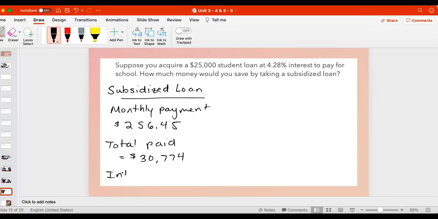And then the interest, if we subtract the $25,000 from that, we got $5,774.